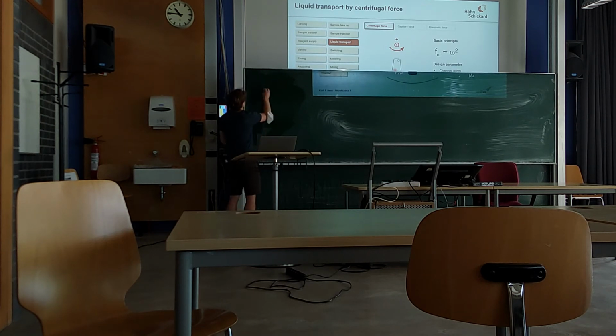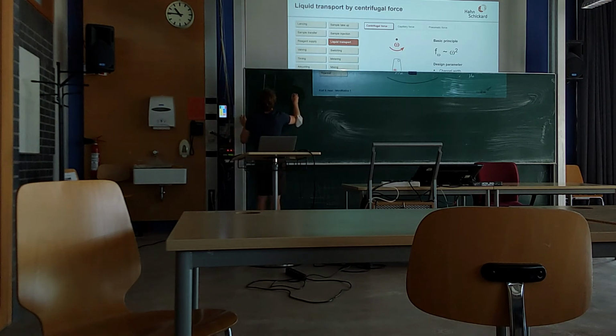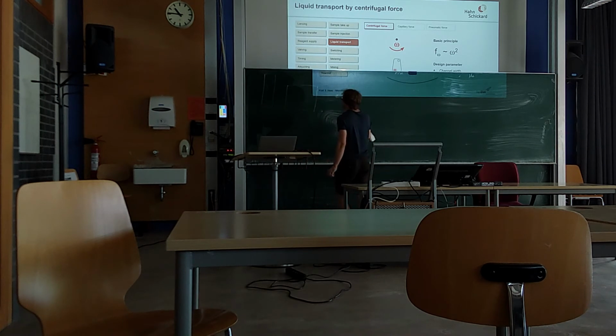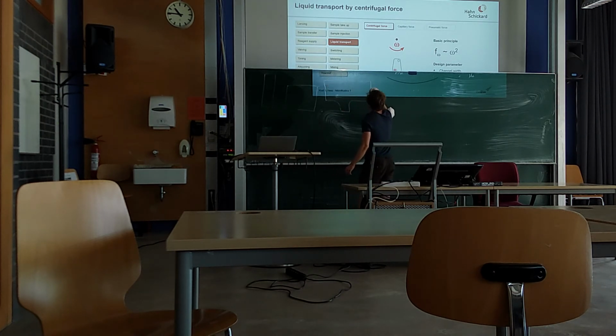So let's say we have one chamber that looks like this, very simple. We have one chamber that looks like this, and we have a third one which looks like this.